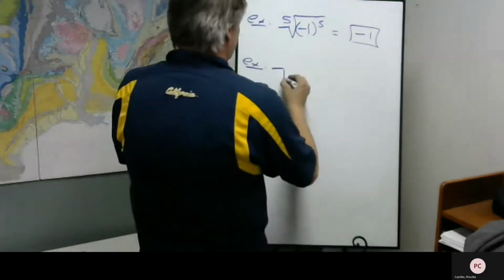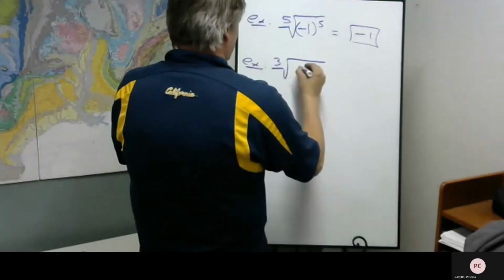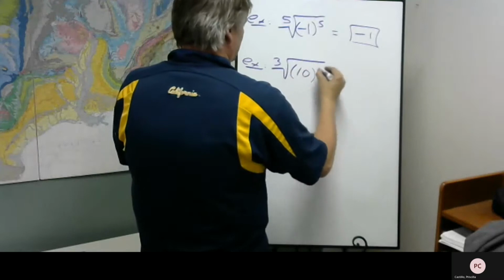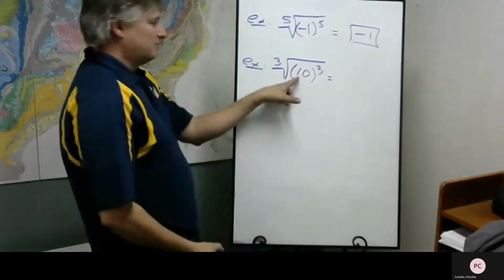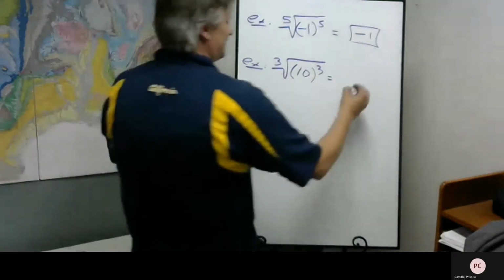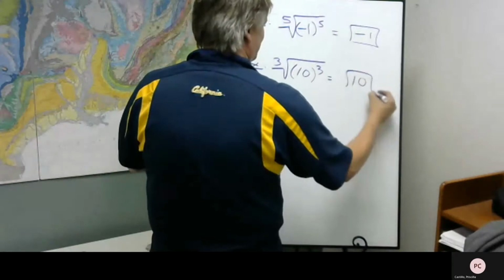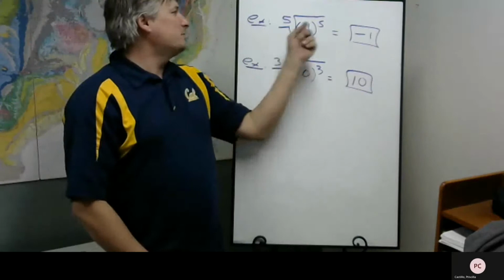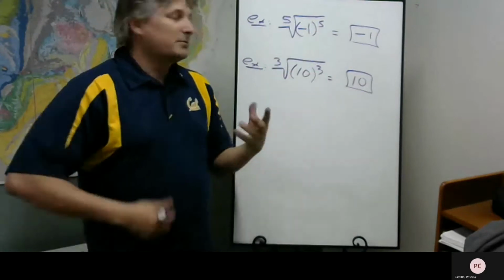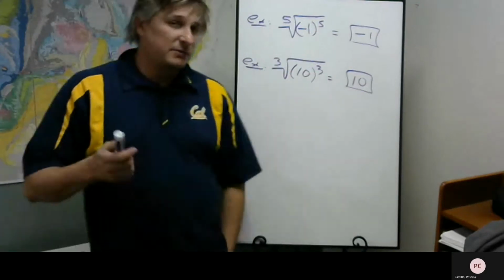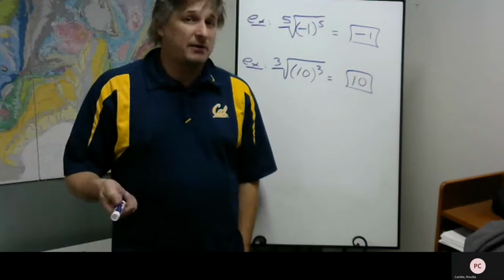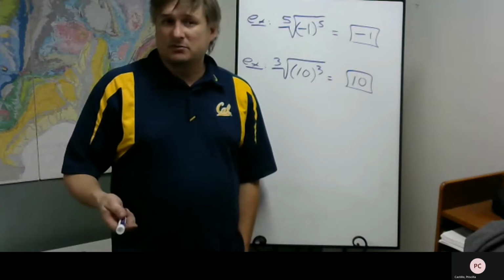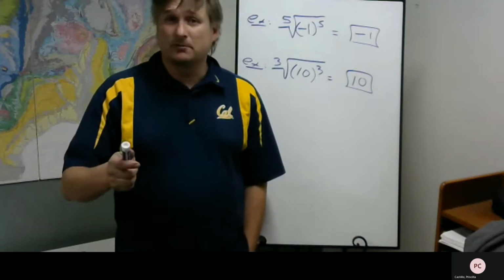Or the 3rd root of 10 cubed, we'll just kick out the number. We'll get 10. So when you have the root and the exponent repeated this way, if you're dealing with even numbers, you have an absolute value. If you're dealing with odd numbers, you just have the number pass on through.